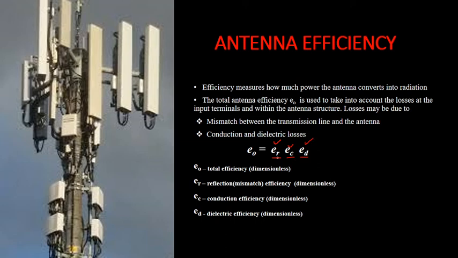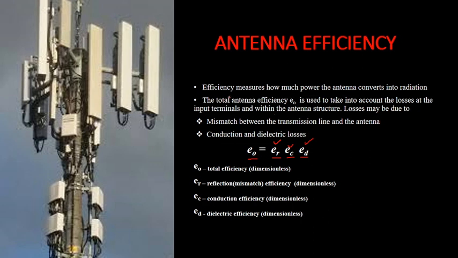So taking into account the efficiency of the conductor and the dielectric medium, we define the total antenna efficiency to be dependent on the reflection efficiency, the conduction efficiency, as well as the dielectric efficiency. And efficiency is nothing but how much power we receive from the transmission line, and to what extent I am able to convert the power into radiation.